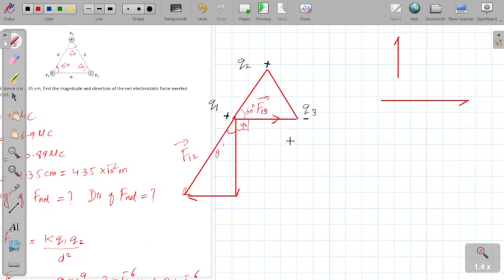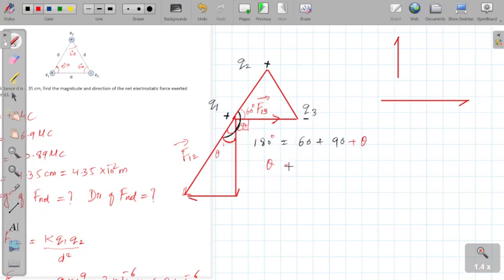The total angle from here to here is a straight angle, 180 degrees. So 60 degrees plus 90 degrees plus this angle theta makes 180 degrees.